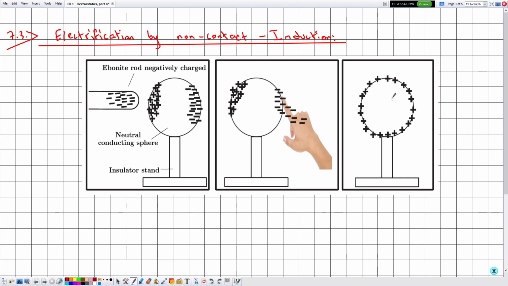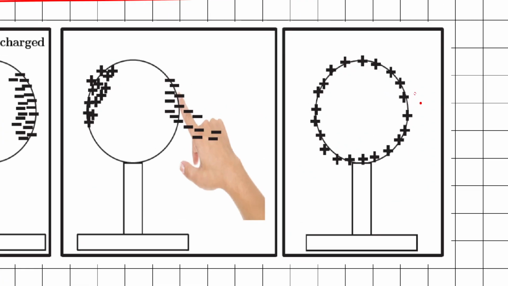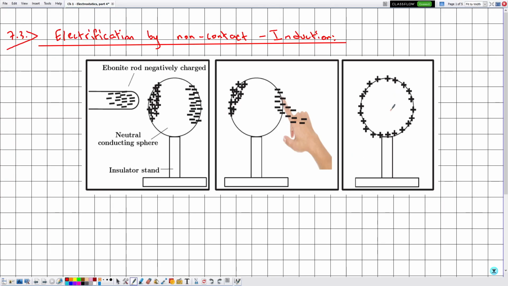So please let me repeat and say that positive charges don't move, so it's the motion of electrons that causes such processes. Now let me write.